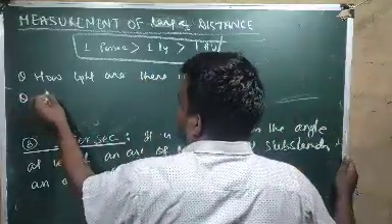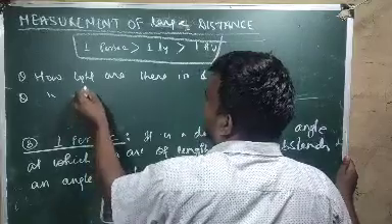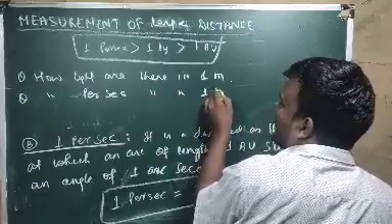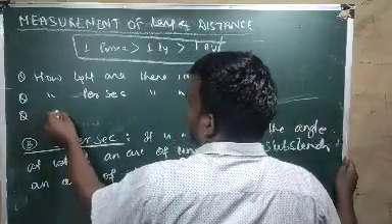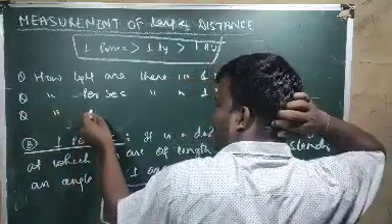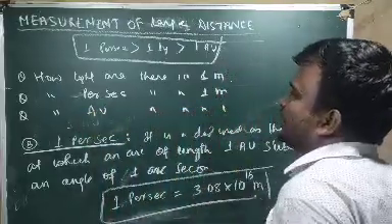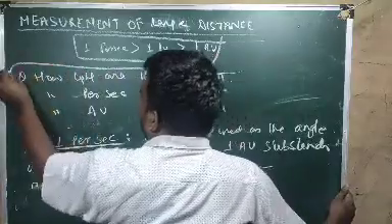How many astronomical units are there in 1 meter? Solve these 3 questions in your copy.